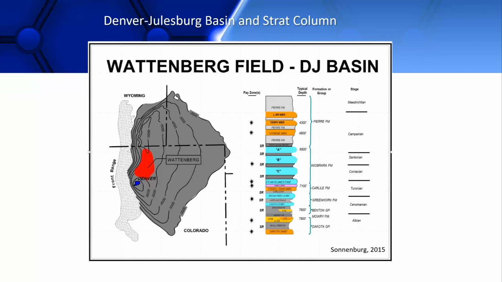Starting in around 2009, the operators turned to unconventional oil, and they started drilling horizontally to extract oil from the Niobrara Formation, which is shown here in a cartoon setting. And their primary targets were 3 chalk benches. They're about 15 to 30 feet thick.